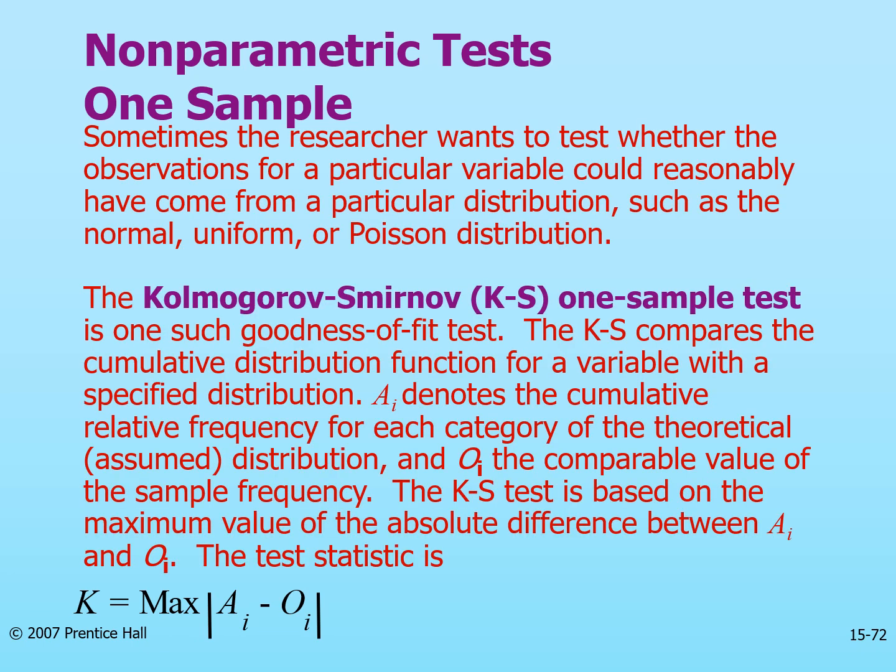Now, among non-parametric tests, Kolmogorov-Smirnov is one of the very important. Sometimes the researcher wants to test whether the observations for a particular variable could reasonably have come from a particular distribution, such as the normal, uniform, or Poisson distribution.